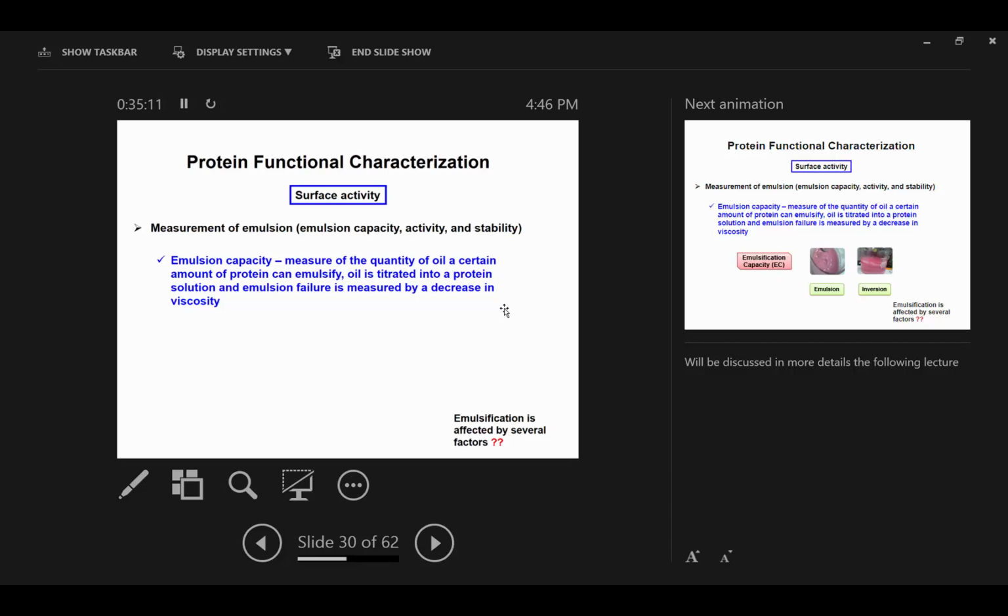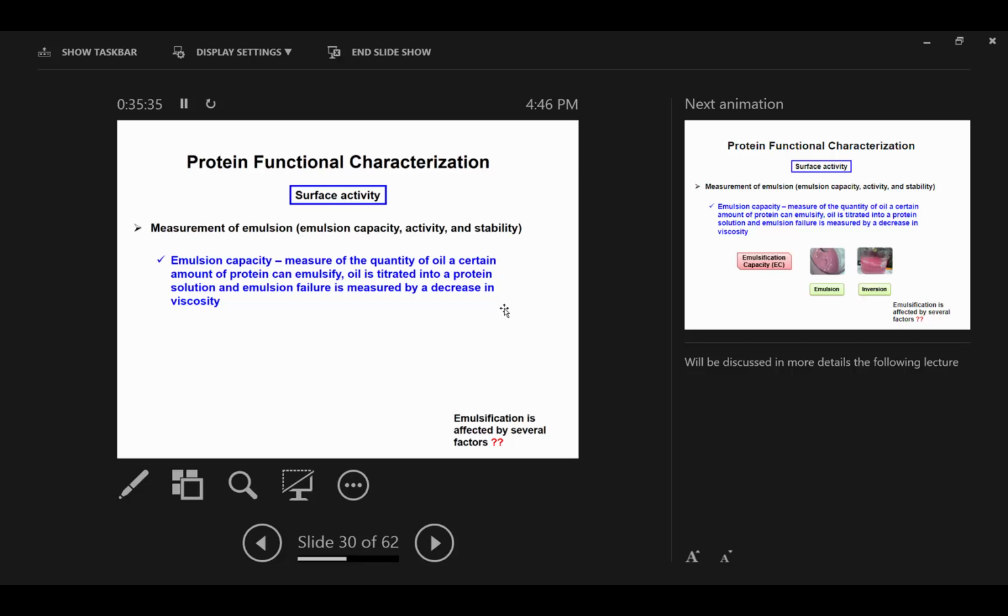Or you can simply look at separation phase or creaming, rate of creaming, or you can look at the size of the droplets over time. You can do that by measuring droplet size. And if you remember from your food chemistry, the creaming starts with flocculation, coalescence, and then separation creaming.